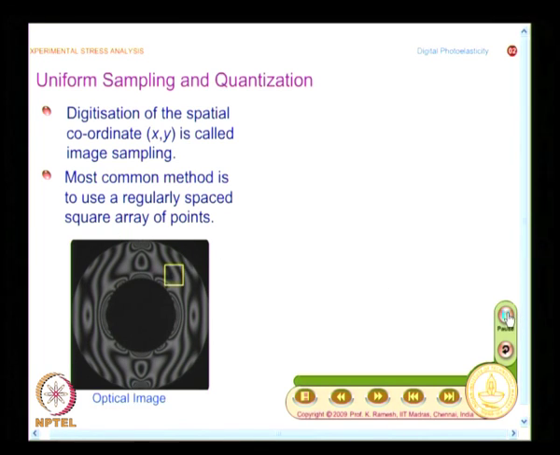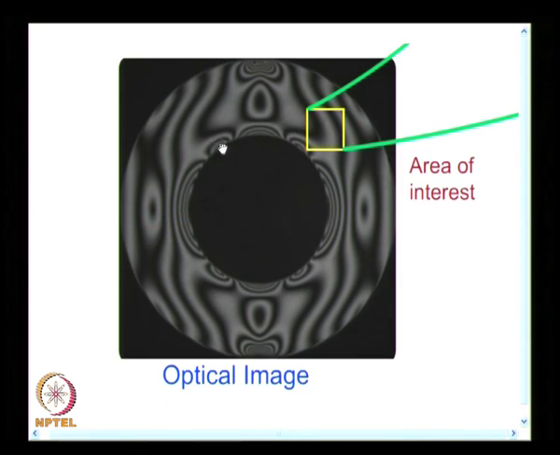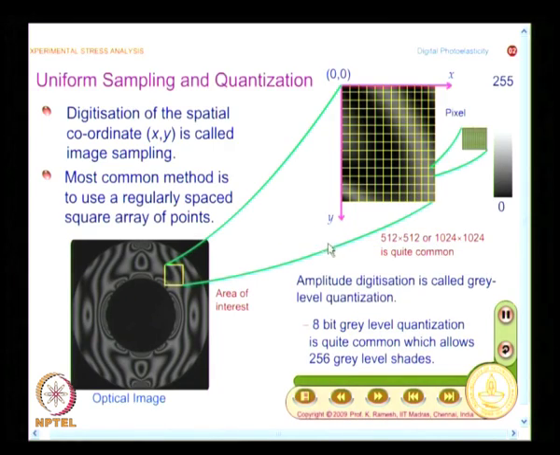And what I have here is an optical image, and for illustration a small sample area is taken. And what do you do for this small sample area? If you look at this, I have this fringe pattern enlarged.